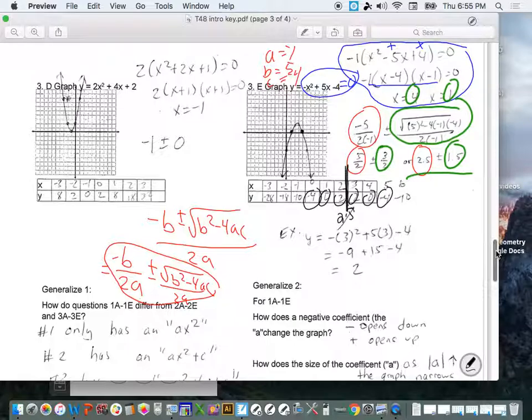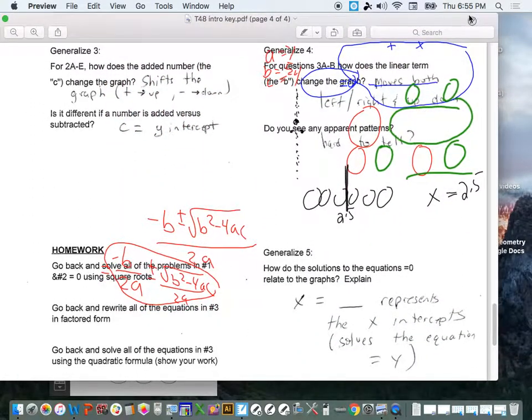The axis of symmetry is going to be right in the middle of those, which is a vertical line with equation x equals 2.5. So that's what we're referring to when we talk about the axis of symmetry. And the vertex is always the high or low point of the parabola, and it's always on the axis of symmetry.